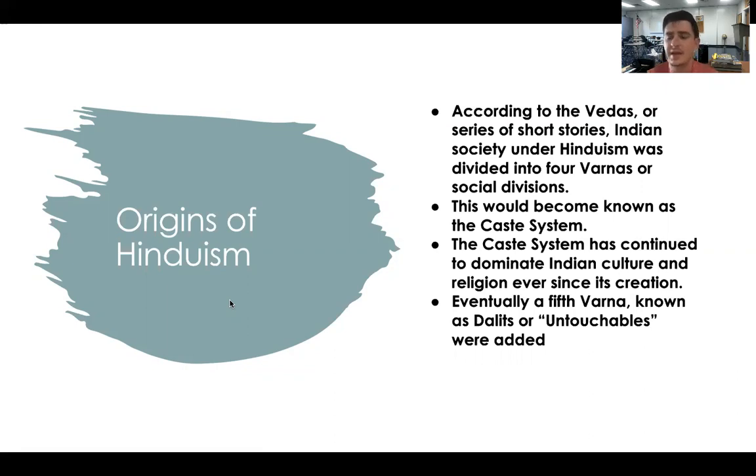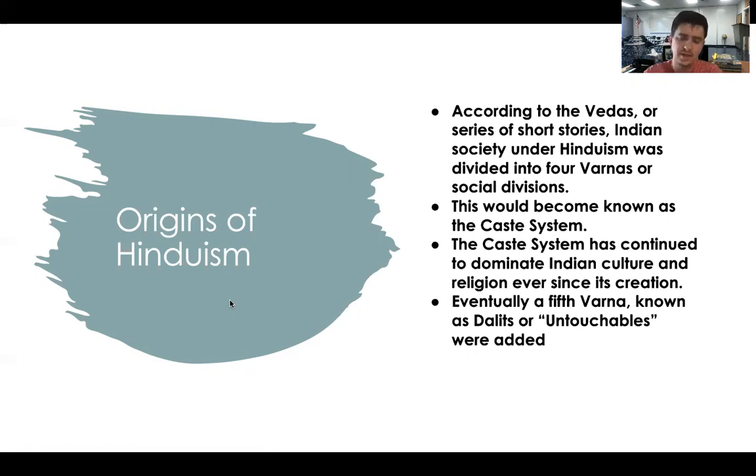And the Indian word for it is Varna, which is just our way of saying social division, social classes. And the Vedas are just a series of short stories that talk about the Varnas, if you will. This system actually becomes what we will today call the caste system.